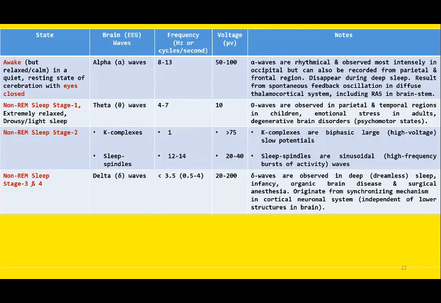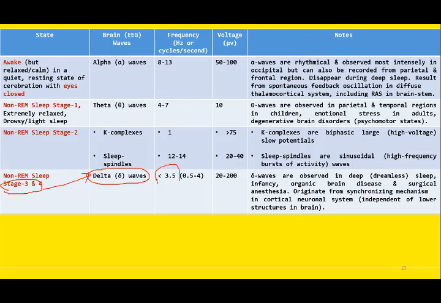Then comes the deep sleep or delta sleep. Remember, when we use the term delta sleep or deep sleep, we are referring to the last two stages of the non-REM, that is stage 3 and stage 4. And why do we call it deep sleep? Because we observe the delta wave pattern, and the delta waves are of low frequency.